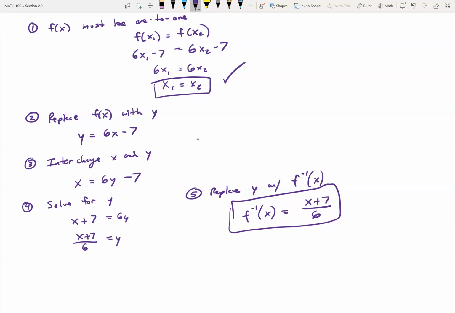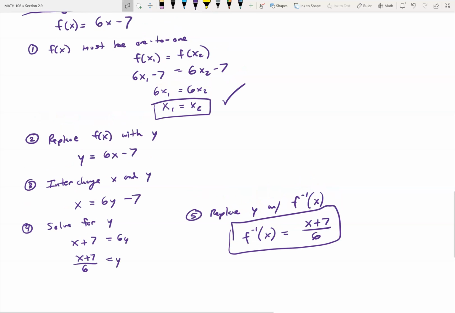Okay. Now, if we wanted to check to make sure we got the right function, you could do f composition of the inverse function we just found of x, and see, does that equal x? And if it does, we've correctly found the inverse. So let's just in this case try it.